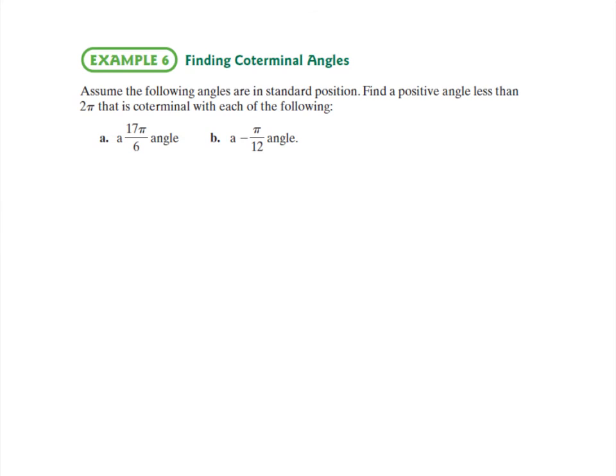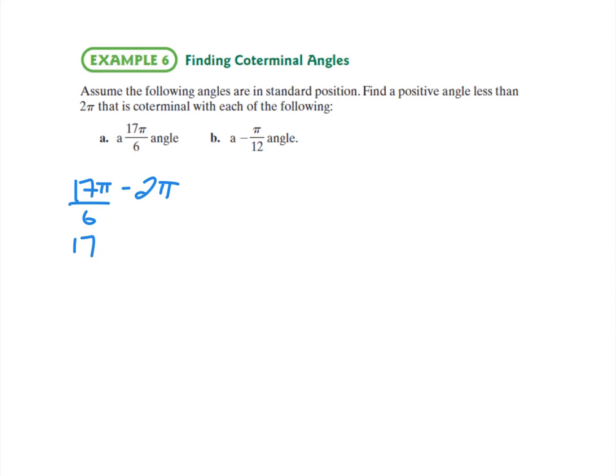So example 6 is the exact same problem, but now in radian mode. So here we're going to add and subtract 2 pi. For part A, I have 17 pi sixths. I'm going to take 17 pi sixths and subtract 2 pi. Now, that's not in a form that's very easy, so I'm going to express 2 pi in terms of sixths.